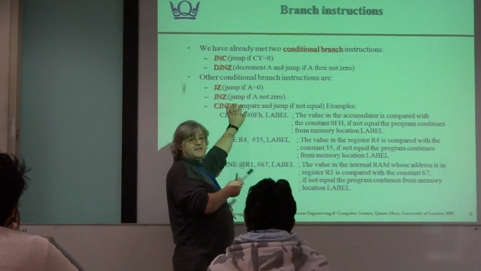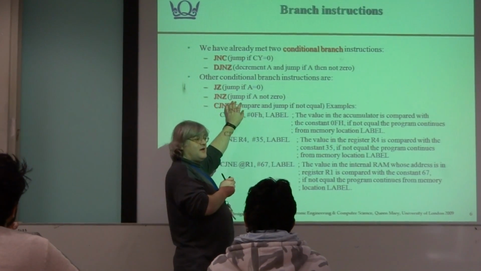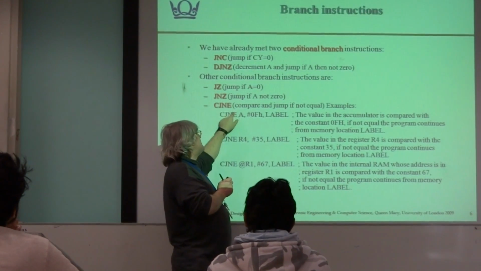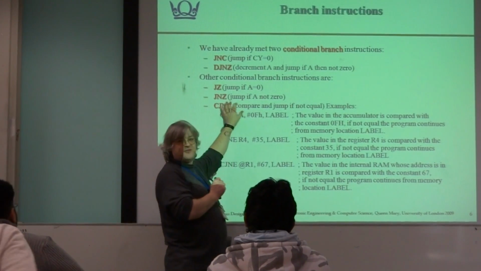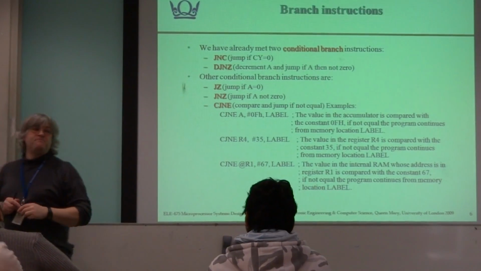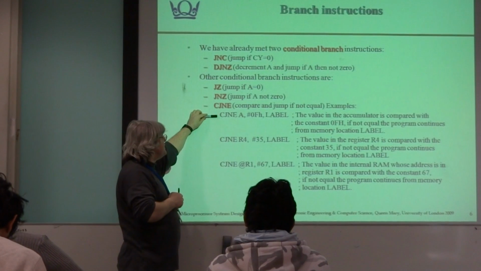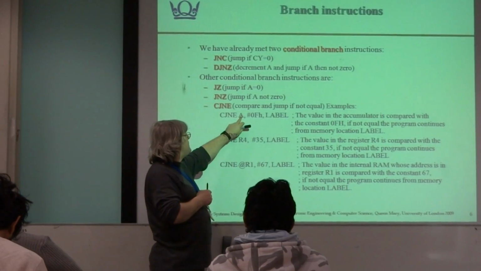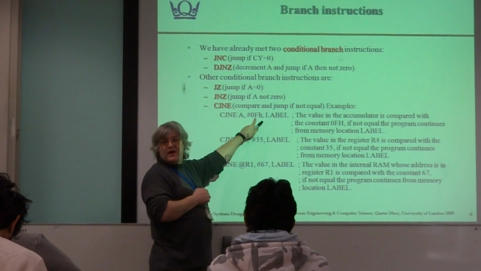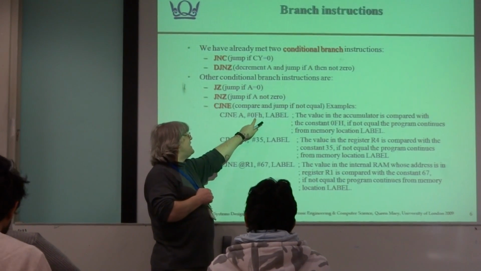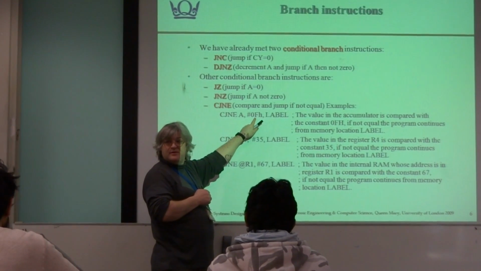I'll come back to this right at the end of today's lecture because this also has another very powerful feature associated with it. You can see some examples here of these compare and jump if not equal instructions. Here we're comparing the contents of the accumulator with the value 0F. If the accumulator holds the value 0F, we don't jump.